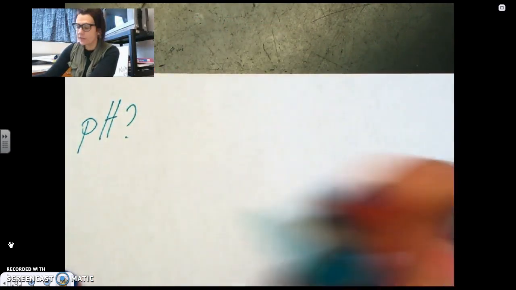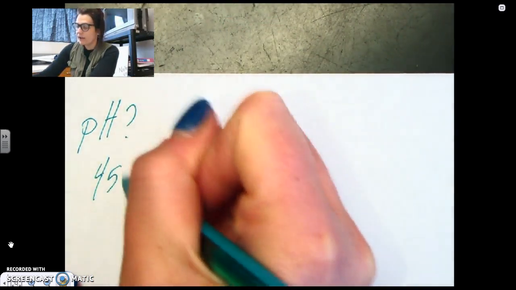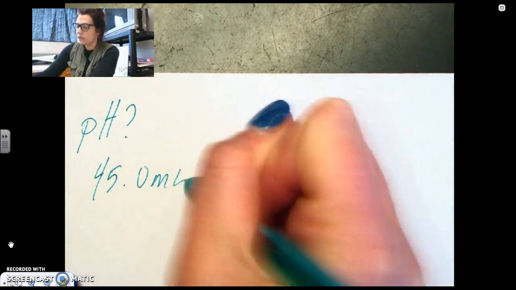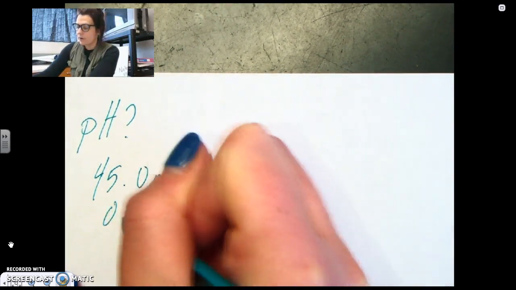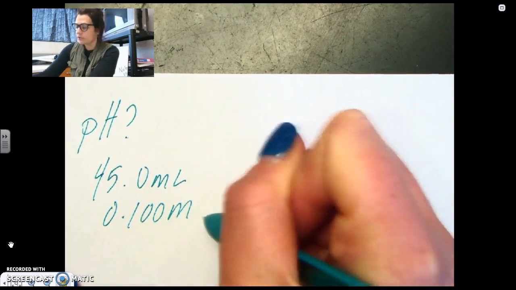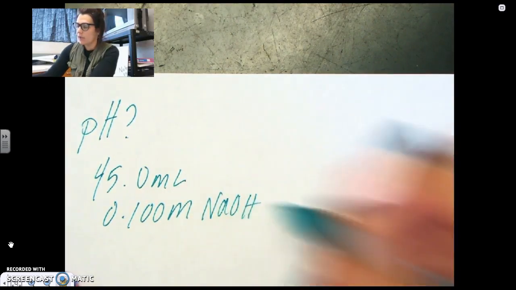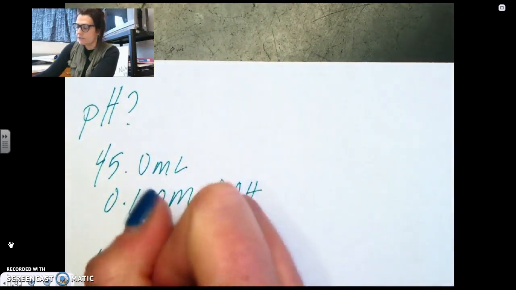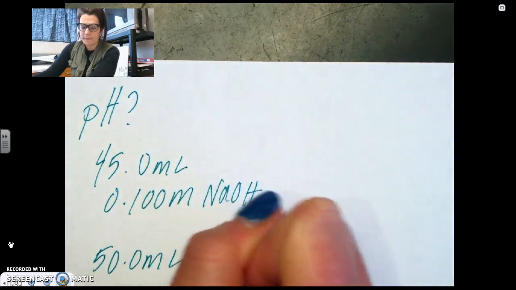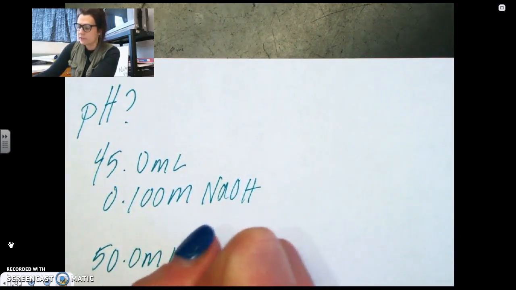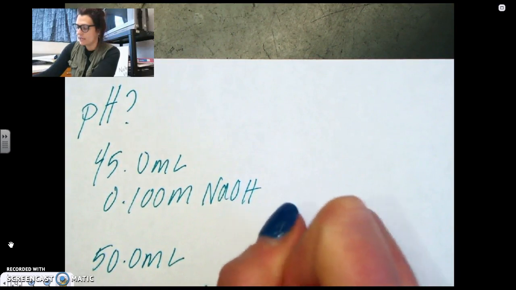I'm given 45.0 milliliters of 0.100 molar sodium hydroxide, and 50 milliliters of 0.100 molar acetic acid.